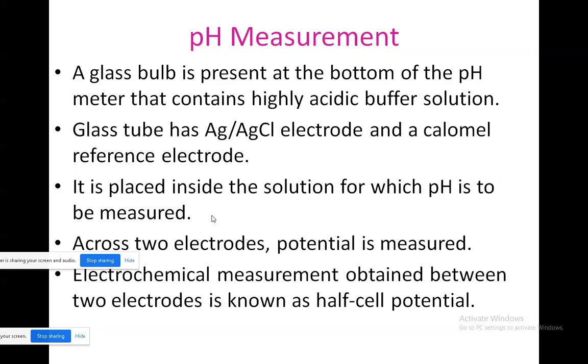You place the two electrodes in a container filled with the solution whose pH value is being measured. Then the potential across the two electrodes is measured.